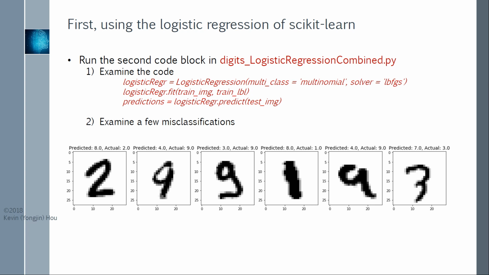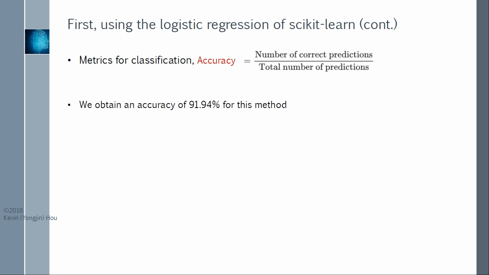To describe how good the algorithm is for a classification question, we often use one metric called accuracy. It's very easy to understand the meaning of accuracy. The denominator is just the total number of predictions that we have done.